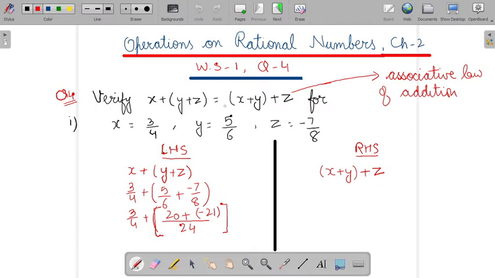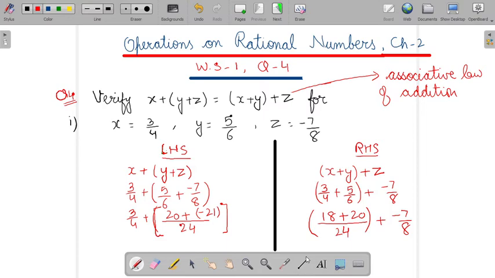Instead of x, we will substitute its value 3 by 4, plus y, 5 by 6, and now we will take the z value, that is minus 7 by 8. First of all, you will solve this bracket. The LCM would be 24. Divide by 6, 4 multiplied by 3 is 18, plus 4 multiplied by 5 is 20, and plus minus 7 by 8.